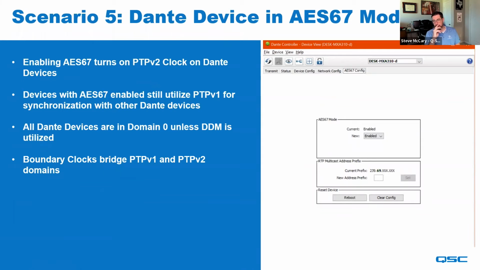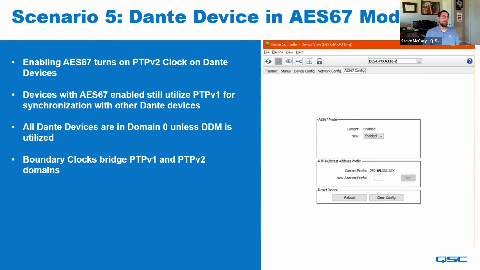So on the newer devices, the Ultimo Xs, the Brooklyns, the Brooklyn 2s, the new Brooklyn 3s, these are native Dante devices, but they will allow you to put them into AES67 mode. And what this does is turn on the PTP-v2 clock inside of that Dante device.